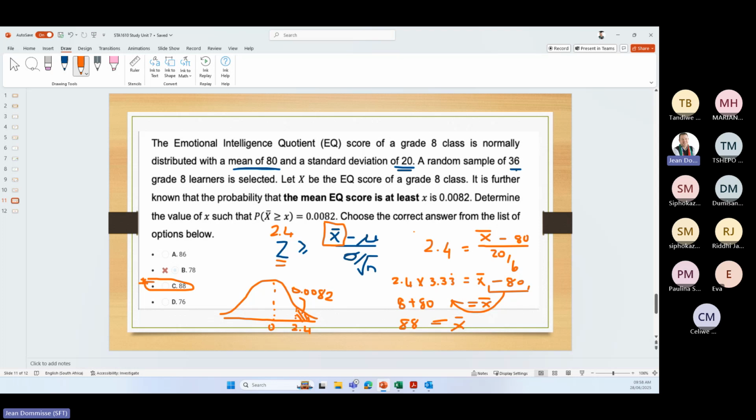So this is very similar to that type of question. Here we were just working within a sample and not the bigger population. Okay, so yeah, that is it for study unit 7.